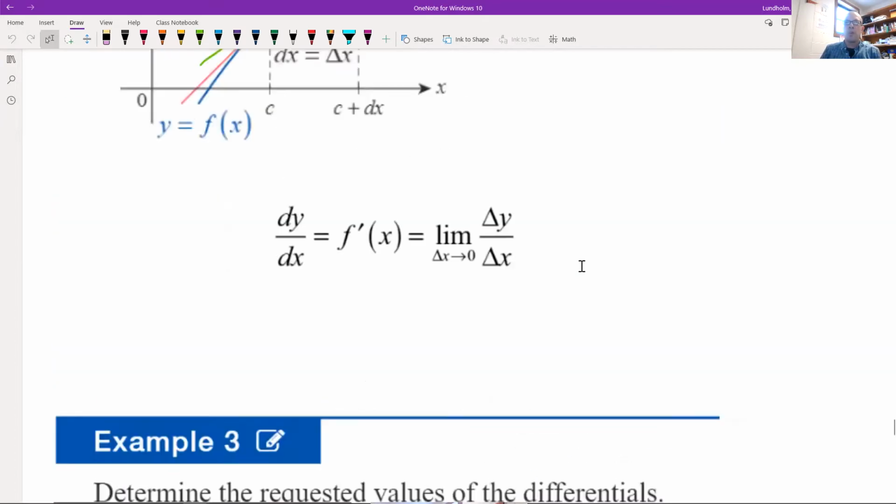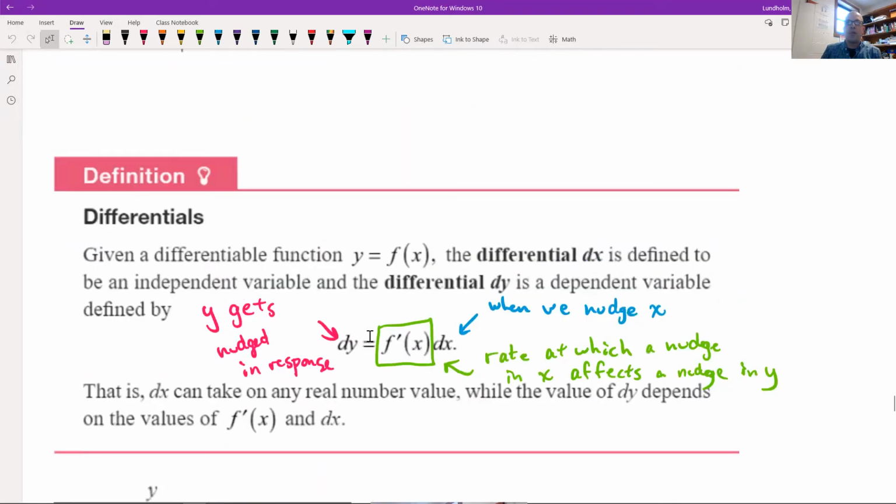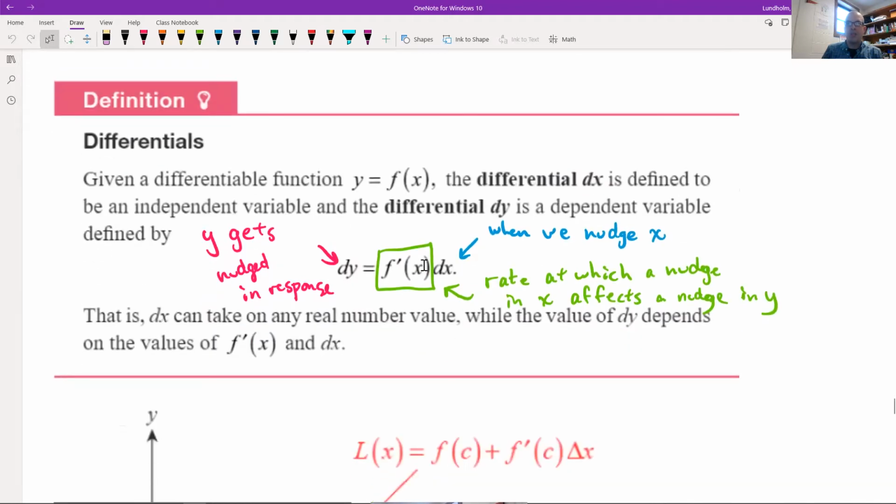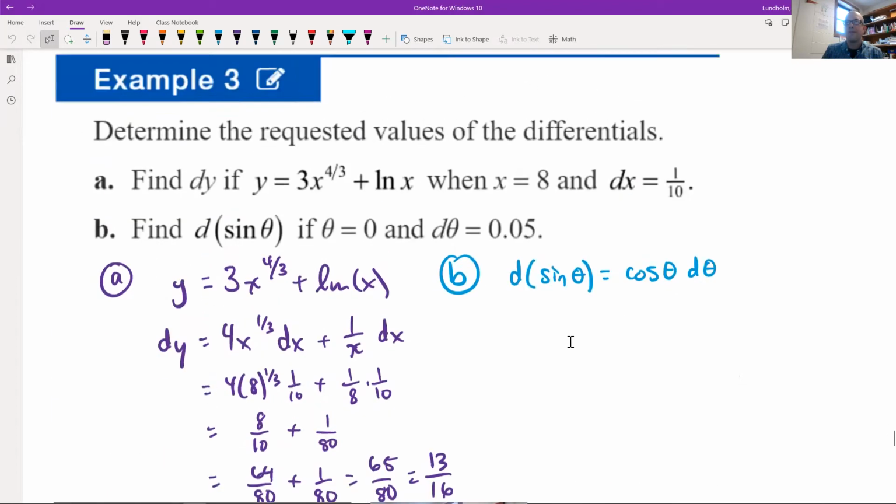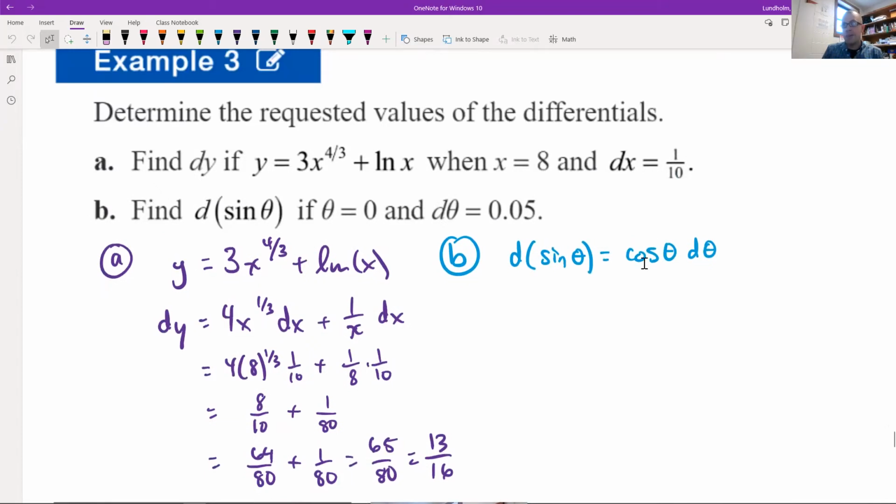Again, we're working with this formula right here. It's the derivative that gives us the relationship between dy and dx. So here we've got the derivative of sine of x, mediating this relationship between the input variable and the output.